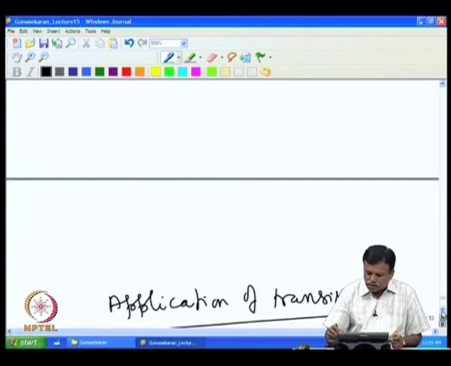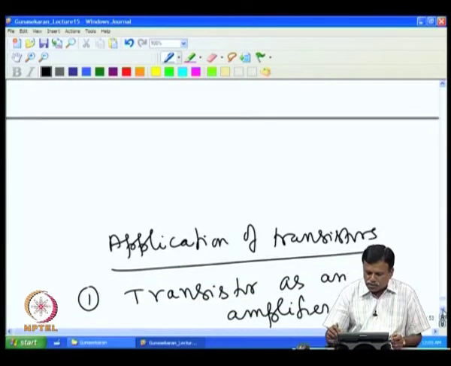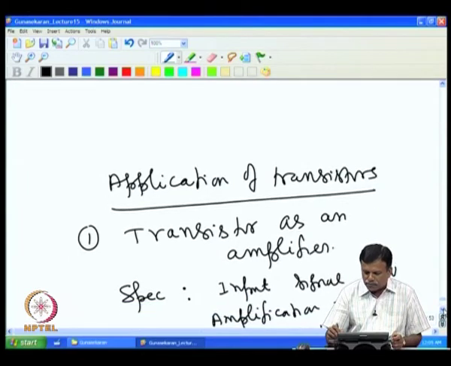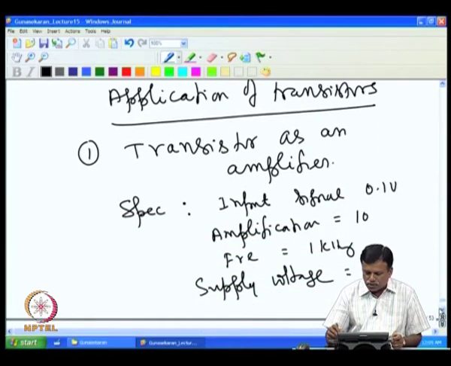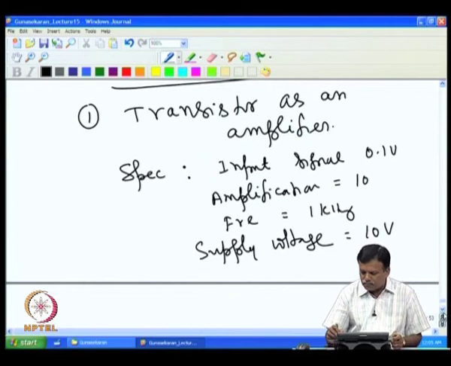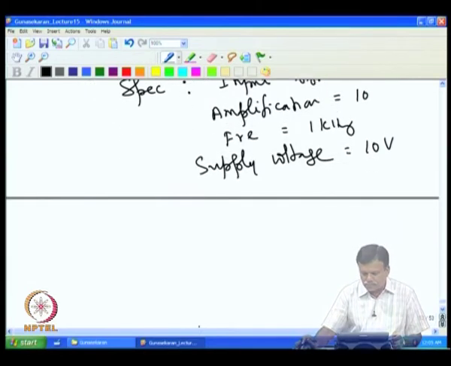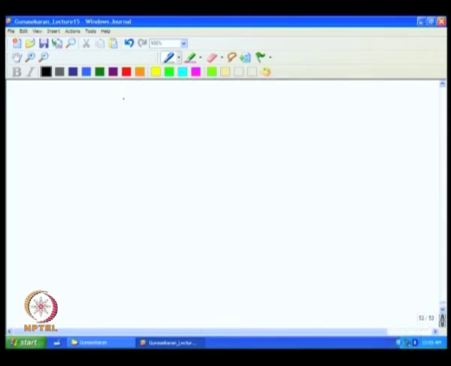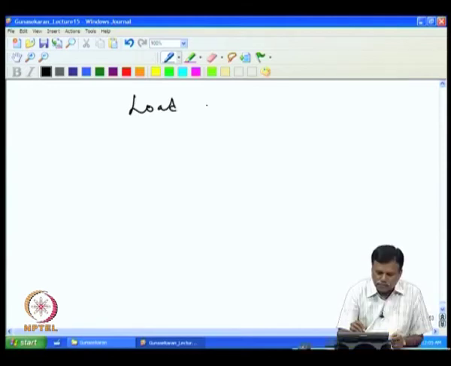For example, what is the load that it is supposed to deliver this amplified voltage. So, load resistance is take it as 10K.